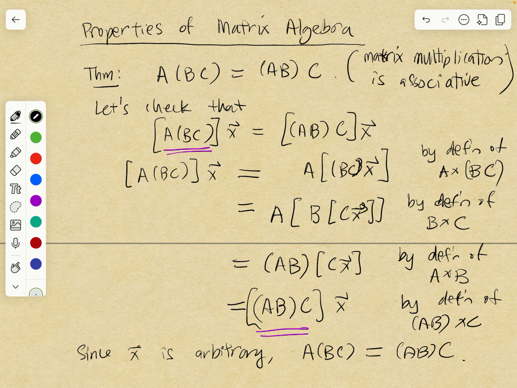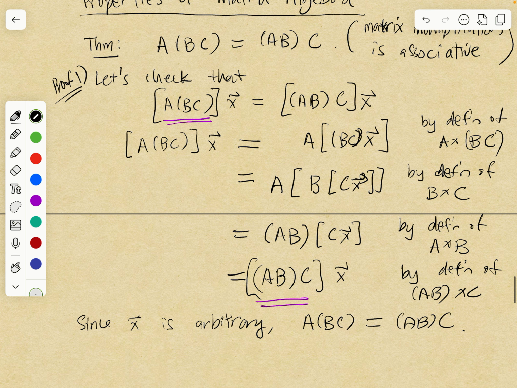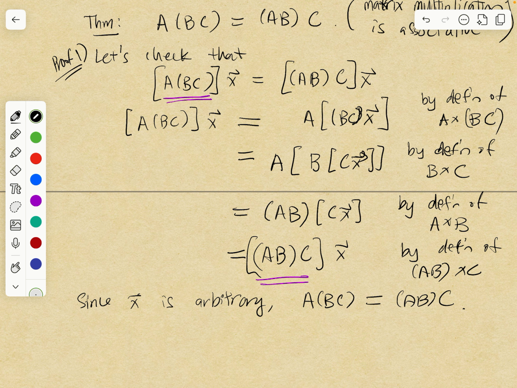That's actually one proof of this theorem. We can also think about this in terms of the functions, in terms of the linear maps that are defined by these matrices. We did that a little bit in this proof, but let's take another proof that really emphasizes the associativity of function composition.